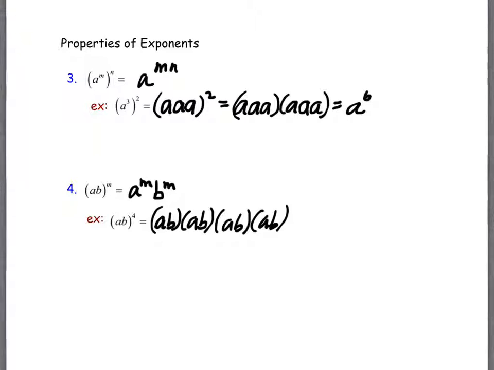I'd like to be able to regroup. For instance, I'd like to group all the A's together and all the B's together. And I'm allowed to do that because of the associative property, where I can switch things that are inside the parentheses, and because of the commutative property, where I'm allowed to switch the order of things. So because I can switch the order and how things are grouped in parentheses, I can group all the A's together, and there are 4 of them, and all the B's together, and there are 4 of them. So I get a to the 4th, b to the 4th. This is a combination of the associative and commutative properties that allow that to happen.